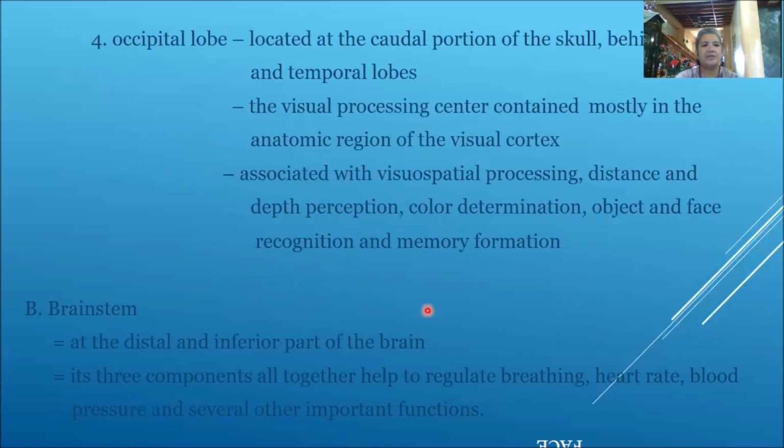Then you have the occipital lobe, which is in the caudal portion of the skull. This is the smallest lobe of the cerebrum, and this is behind the parietal and temporal lobe. This is the visual processing center contained mostly in the anatomic region of the visual cortex.